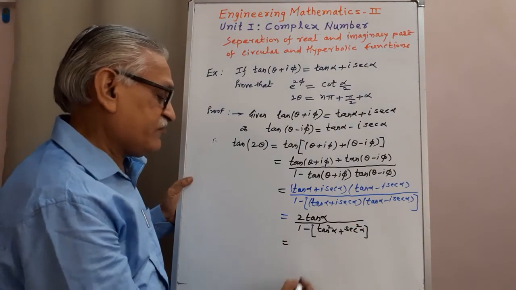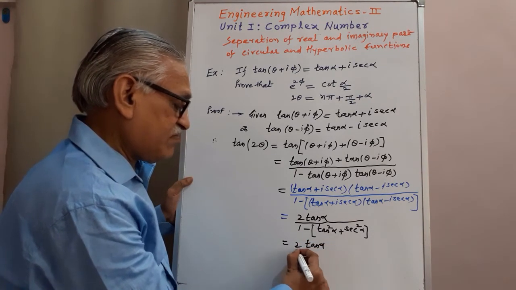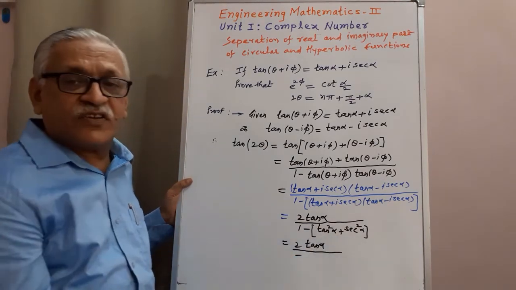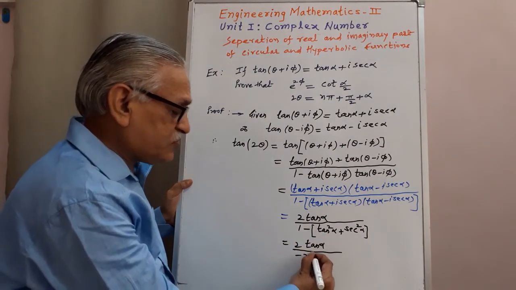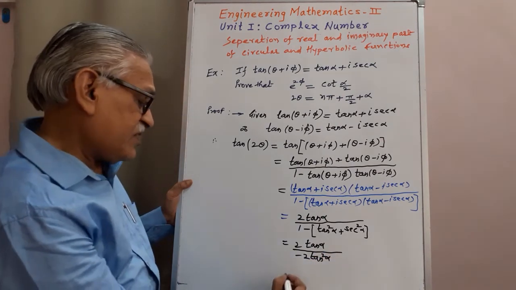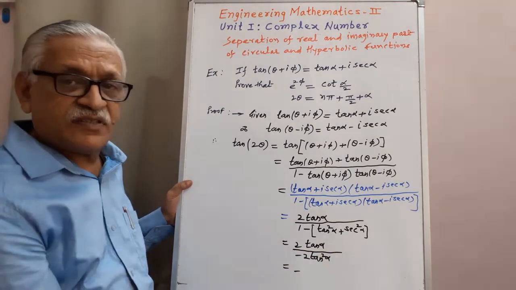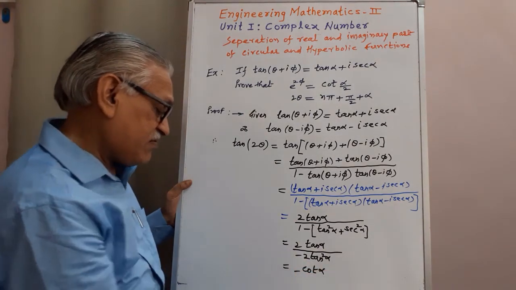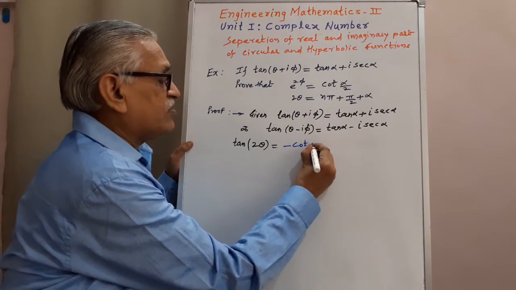That is equal to 2 tan alpha divided by 1 minus secant square alpha, which is minus tan square alpha, so we get minus 2 tan alpha by tan square alpha, and that is equal to minus 1 by tan alpha, which is cot alpha. It is minus cot of alpha.